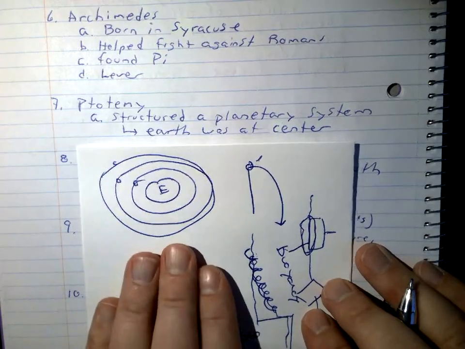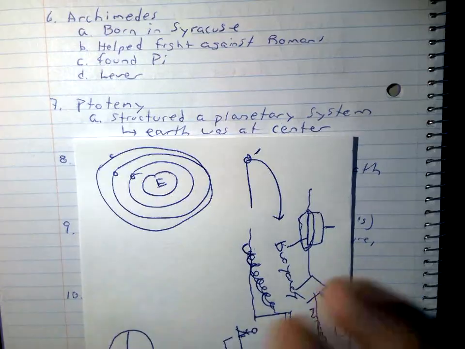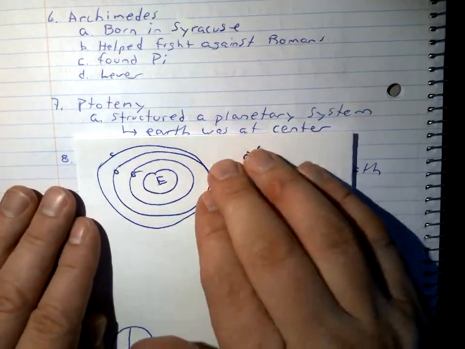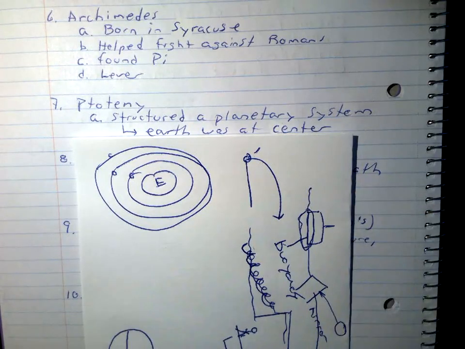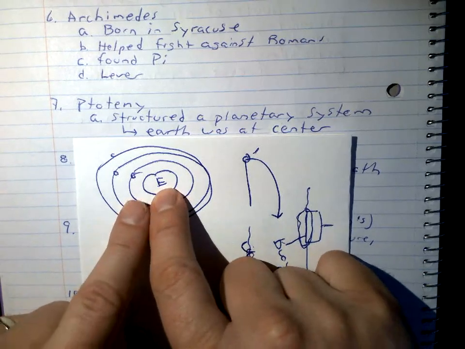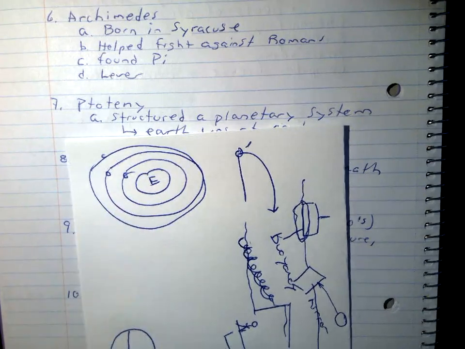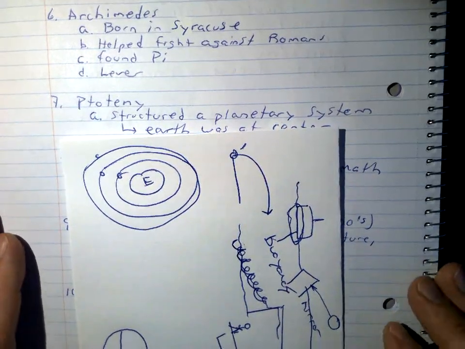There are just a few modifications that we're going to make later on. And this is interesting because now we have a model of what we see in the earth or outside in the heavens. We have this geocentric, which, remember, geocentric means that we have the earth at the center. And it made a lot of assumptions. And he had some important points that we use today. So he wasn't all wrong.